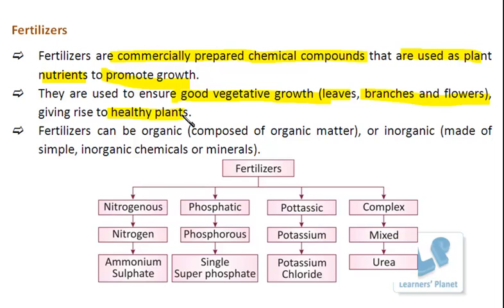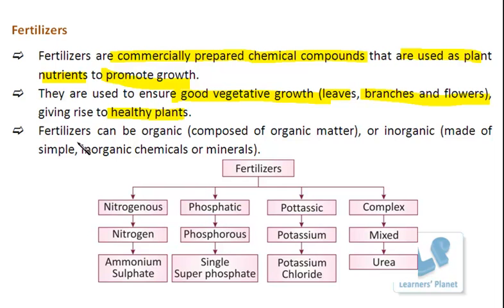So all these mediums, of course, are providing the nutrients in the natural way, but depending upon the type of plants and the concentration of a particular nutrient required, it is not necessary that nature is able to provide all those requirements in the required amount at the right time, and therefore these extra nutrients are added, isn't it? So these fertilizers are used for the same purpose.